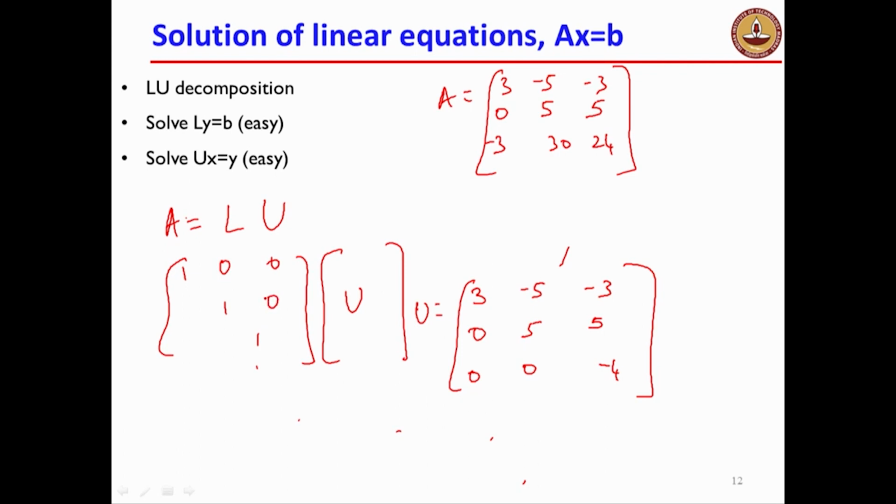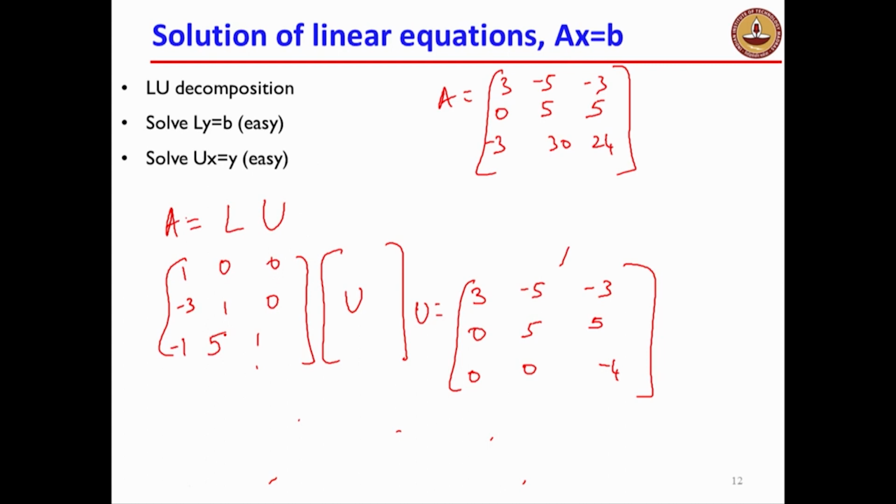Now it turns out that the other non-zero entries in the lower triangular matrix, could you guess what they were? That's why I wrote it in a pretty particular manner in the previous case. Okay, let me give you a hint. This was minus 3, this is minus 1, and this is 5.